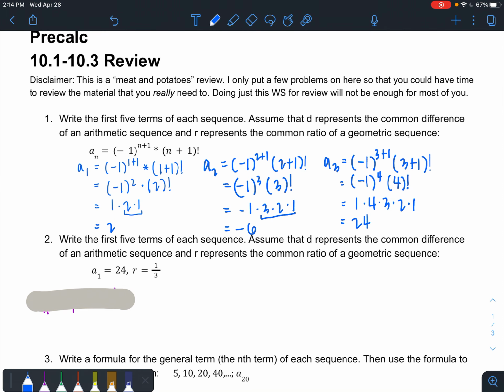Then finally, a sub 4 is negative 1 to the 4 plus 1 times 4 plus 1 factorial, so I'm running out of space here. So that is negative 1 to the 5th times 5 factorial. So negative 1 times 5 factorial gives me negative 120.